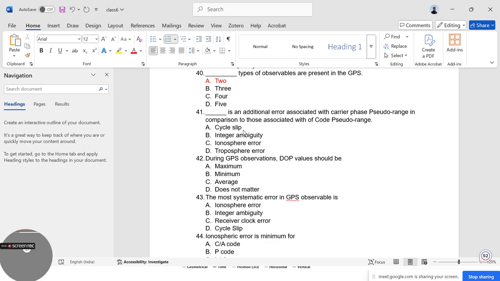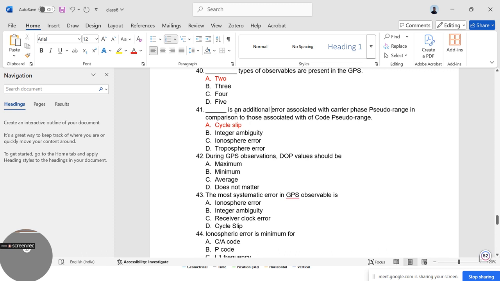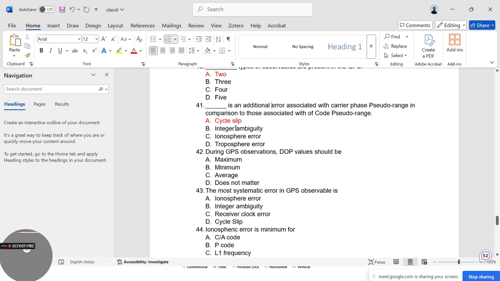Then we have integer ambiguity, which is an error in calculating the phase, associated with the number of cycles, where we do carrier-based or frequency-based calculations. The other two are atmospheric errors, so those are not the correct answer. The correct answer here is cycle slip.